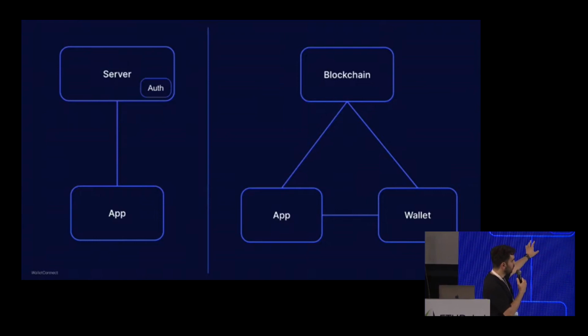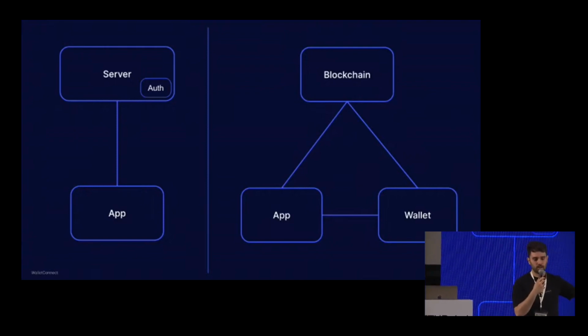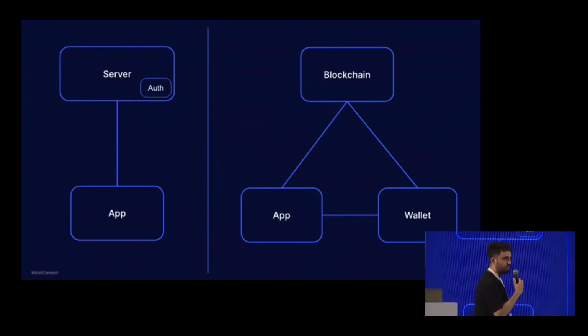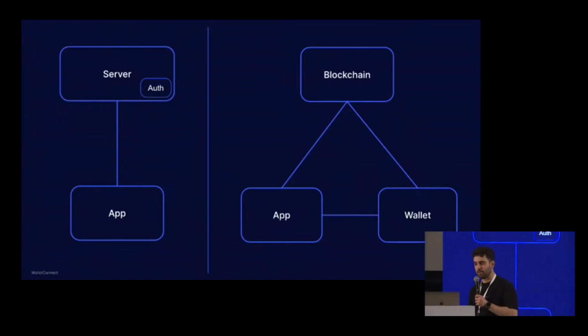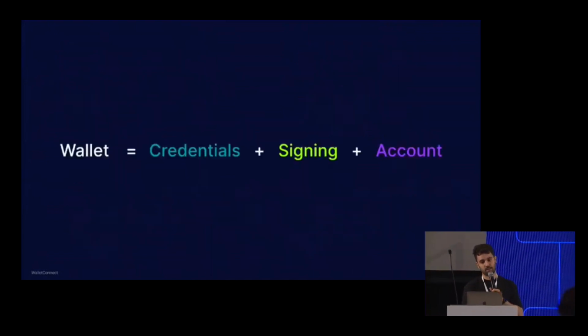Because at the end of the day, what happened with Web3 is that we moved the authentication part into its own app, and we called it a wallet. And now what used to be a server is a blockchain, and then you still have an app interface and a wallet interface, and both of them talk to this blockchain, and we have this really beautiful triangle. But did we actually make things more complicated unnecessarily?